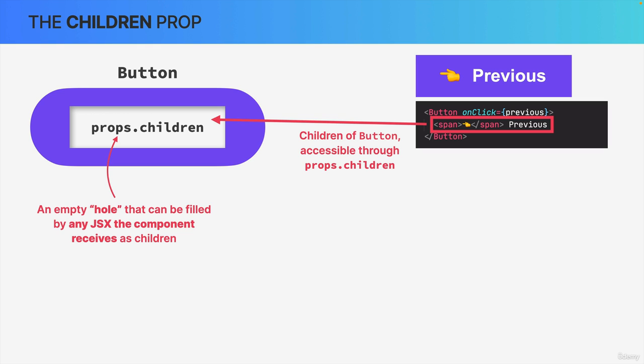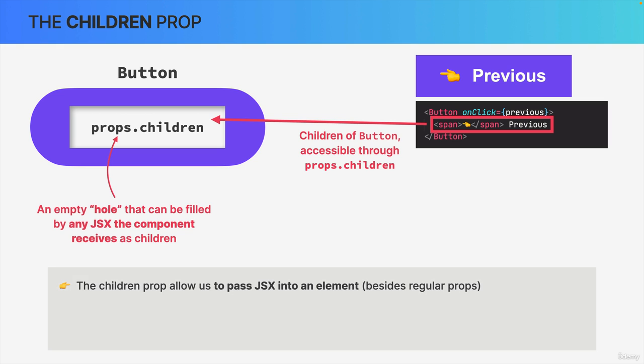So basically, by defining child elements like this, we are passing them into the button just like we can pass in any other prop. The difference is in the way in which we specify other props, so the more regular props, and this one.